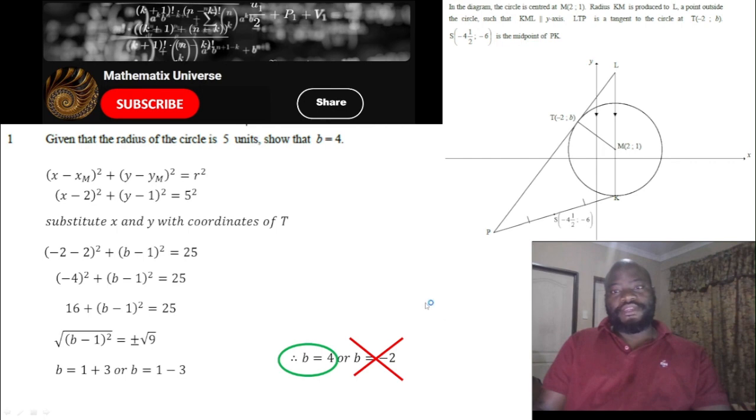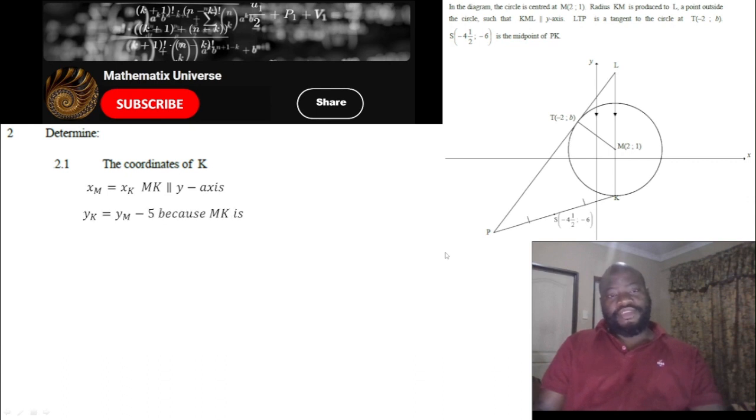Let's look at the next one. The next one wants the coordinates of K. So for the coordinates of K, we will first say that the x coordinate of M and the x coordinate of K are the same, since MK is parallel to the y-axis.